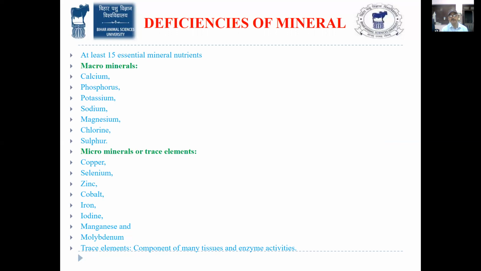These trace elements are components of many tissues and enzymatic activities, and deficiency of these elements leads to various adverse effects on body physiology and to pathogenesis and clinical signs of deficiency syndromes.